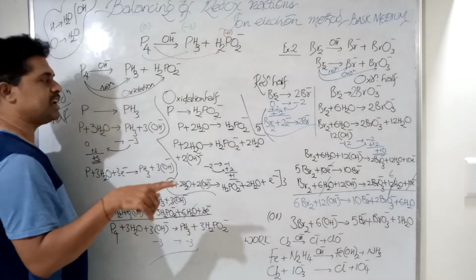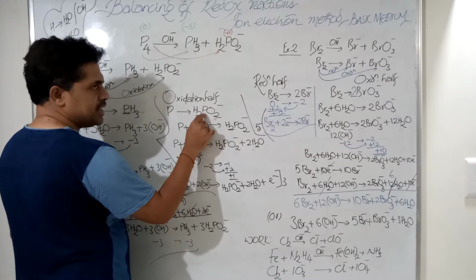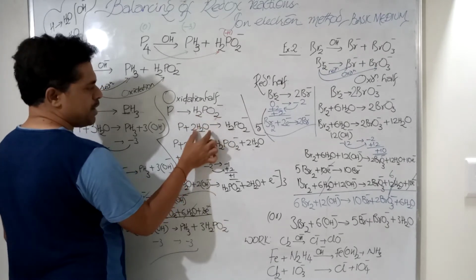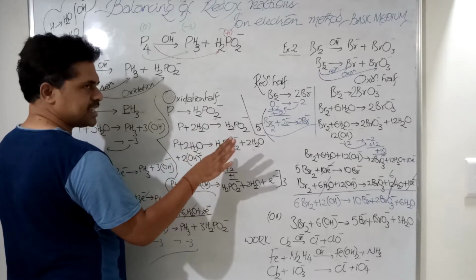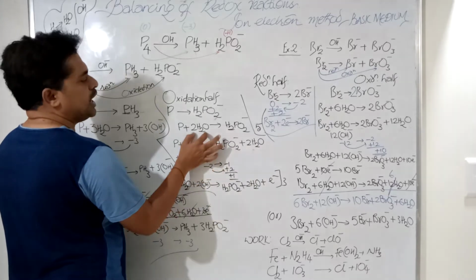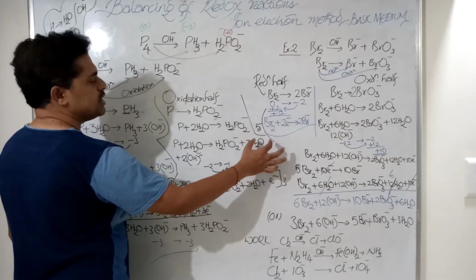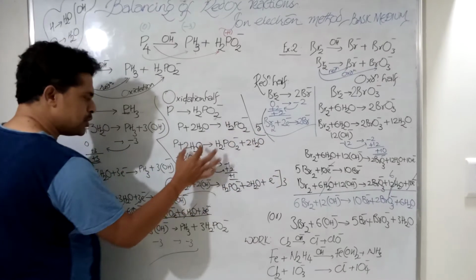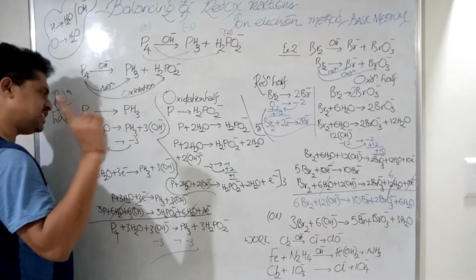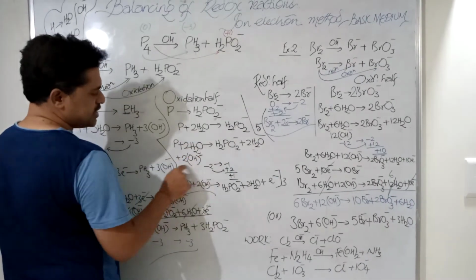I am repeating again, you see. Phosphorus already balanced. For oxygens, I am adding 2H2O. Now 4 hydrogens and 2 hydrogens, so you need 2 hydrogens on this side. So you add 2 water, and on the opposite side 2 OH minus. Done. Left hand side charge is minus 2.